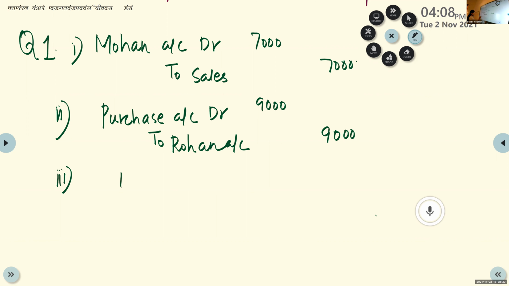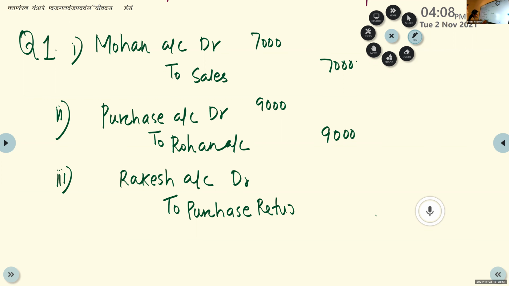Rakesh account debit to purchase returns account and the amount is 4,000. Okay. So the next one.